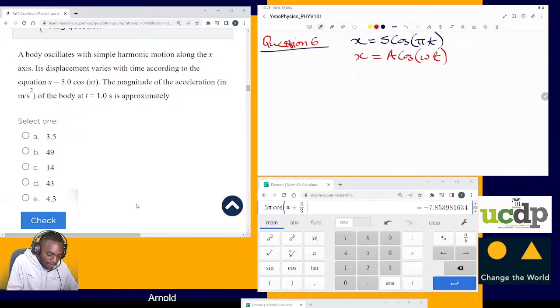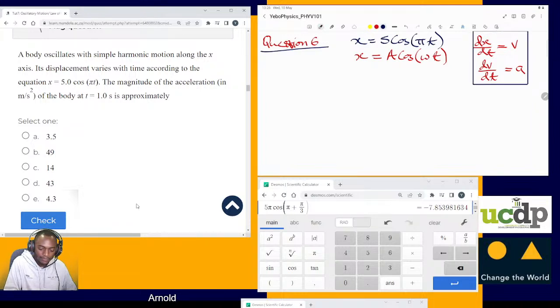So essentially what we're saying, dx over dt is equals to v, and dv over dt will give us acceleration. All right, so dx over dt is equals to 5.